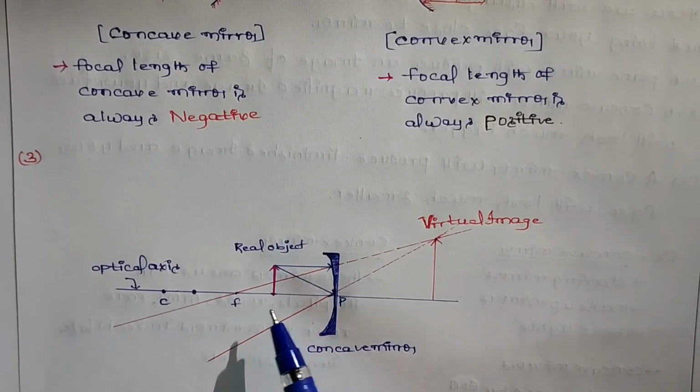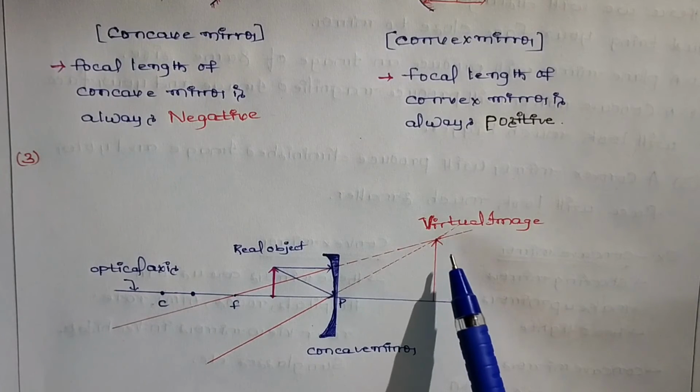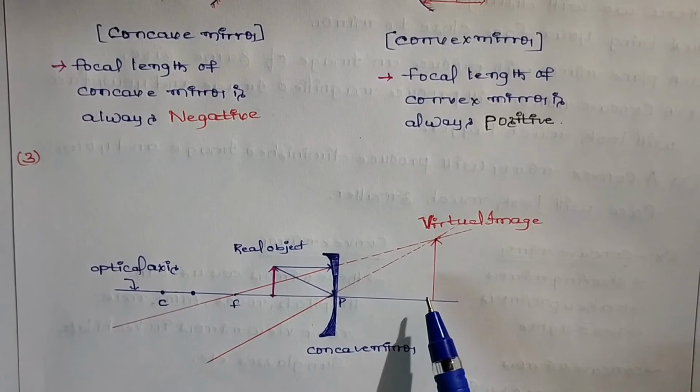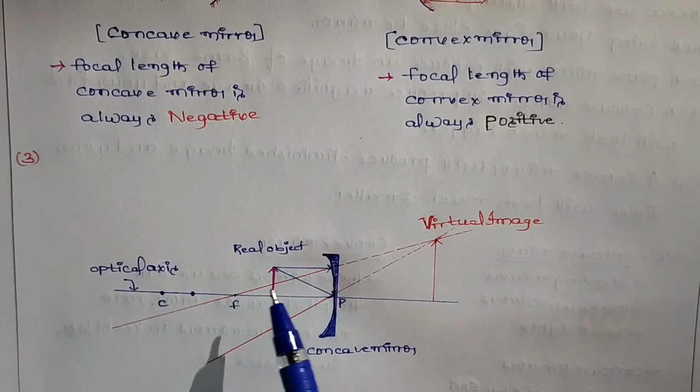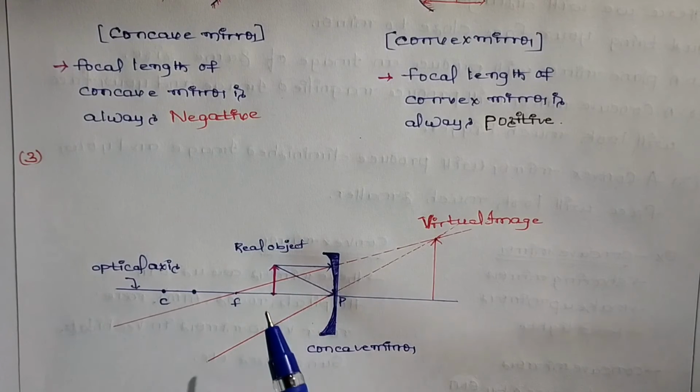If we increase the distance between the object and the mirror, the size of the image reduces and real images are formed in front of the concave mirror.